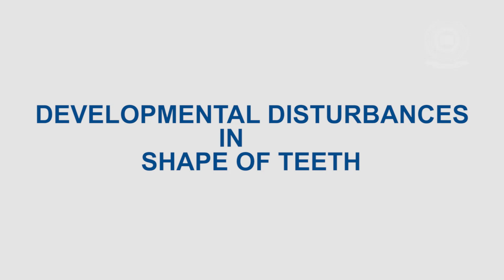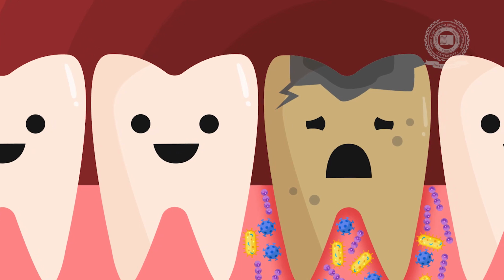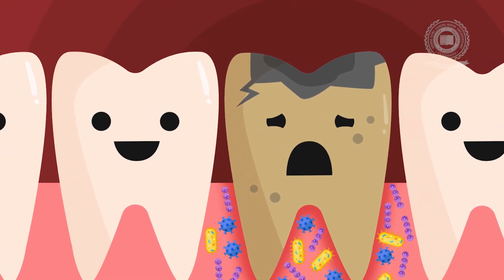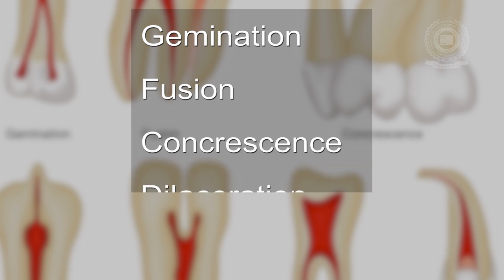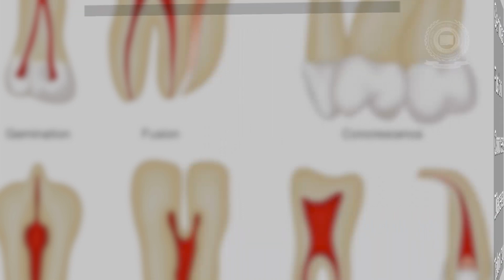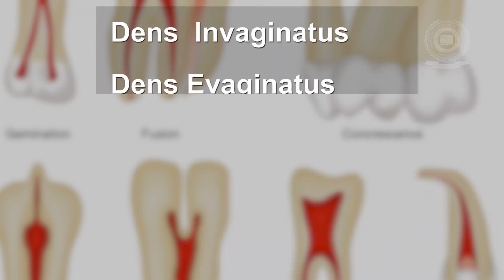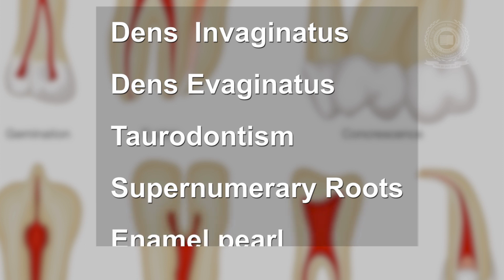Developmental anomalies influencing the morphology can be seen in both deciduous and permanent dentition and may be present in different forms such as gemination, fusion, concrescence, dilaceration, talon's cusp, dens invaginatus, dens evaginatus, taurodontism, supernumerary roots, enamel pearl.